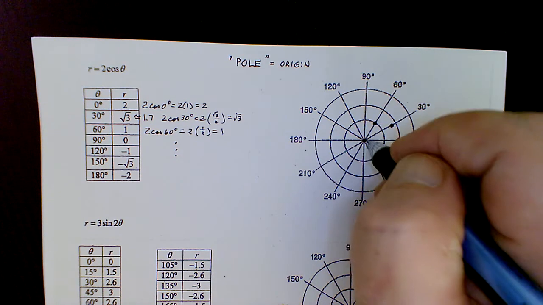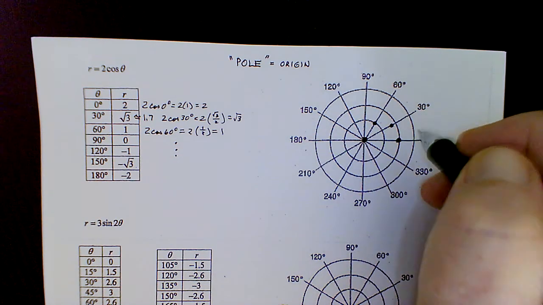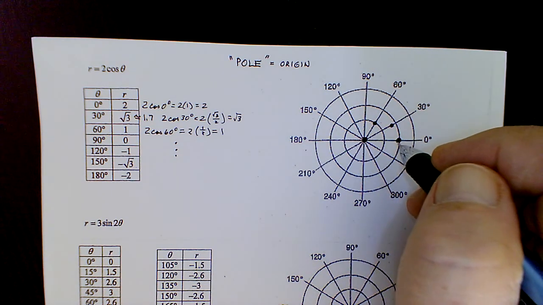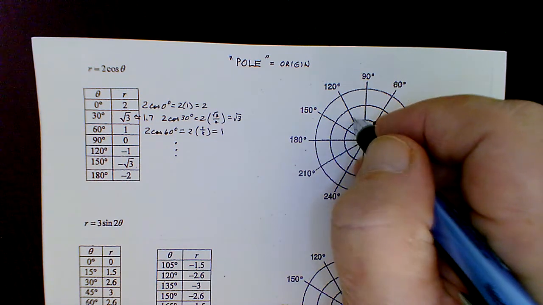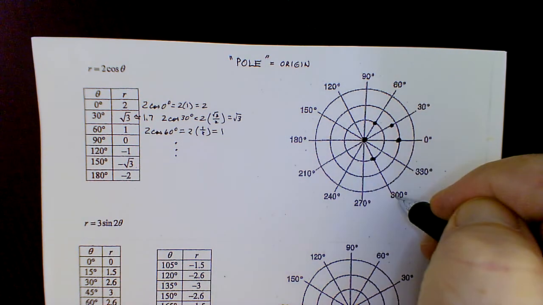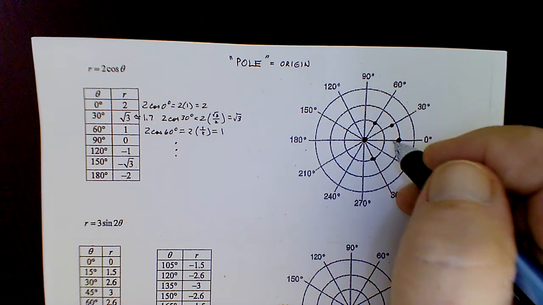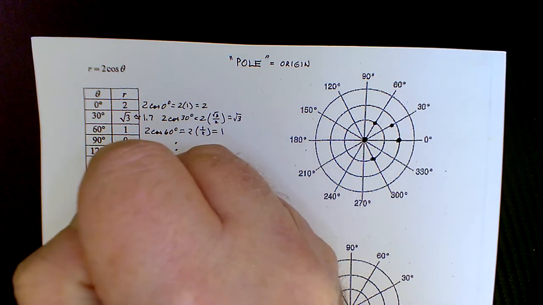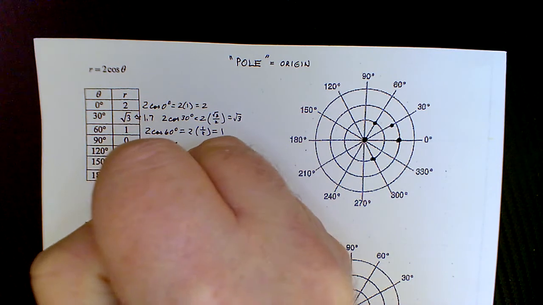90 degrees, 0, so we're at the pole. 120 degrees, -1, so in the 120 degree radial line, opposite 1 unit. So along the 300 degree radial line, 1 unit. 150, negative radical 3, or it's about negative 1.7 again.